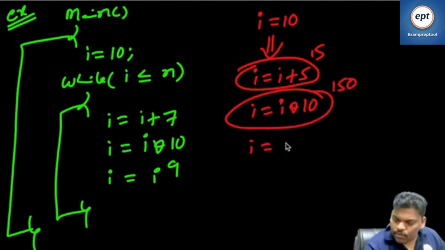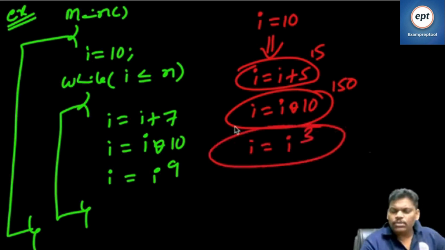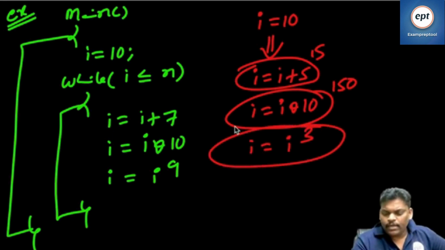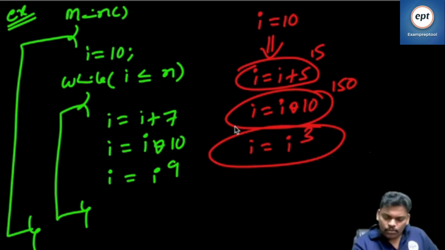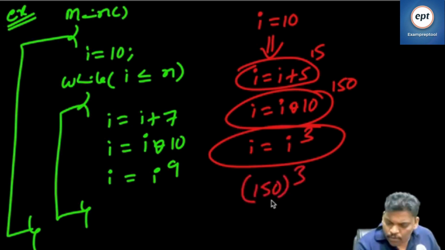Next one, I is equal to I power 3. Suppose in some number I is equal to I power 3. If I is 150, then 150 cube, how much is it?